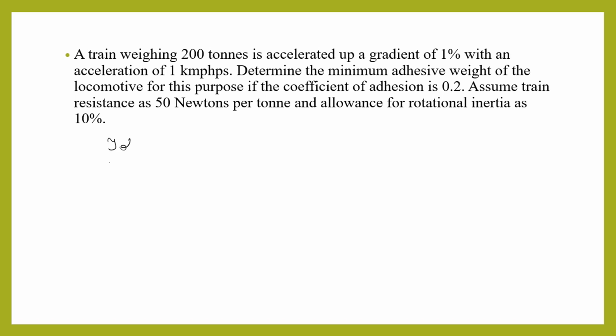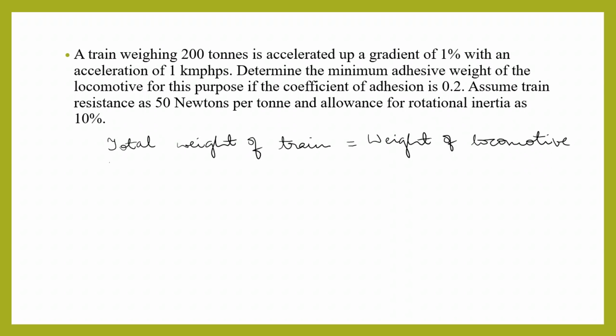We have total weight of train equal to weight of the locomotive plus the trailing weight. So W is equal to WL, the weight of the locomotive, plus trailing weight, that is 200.